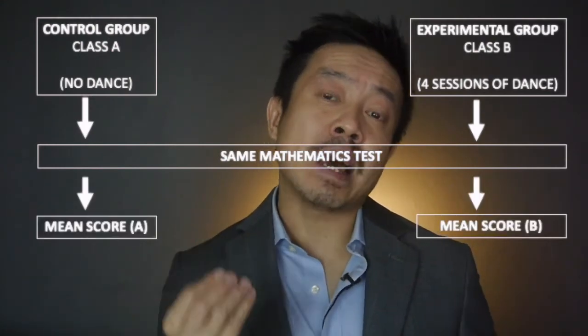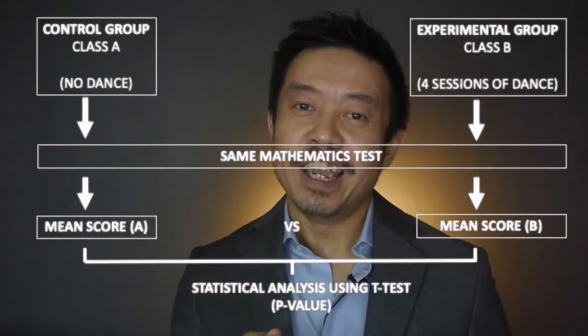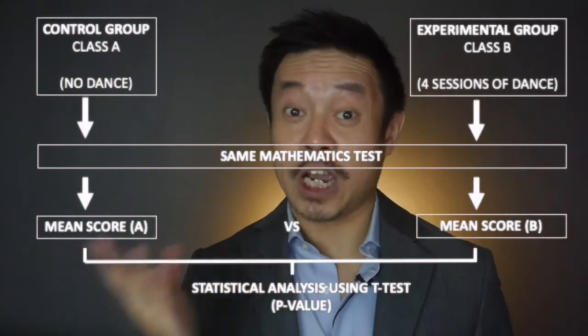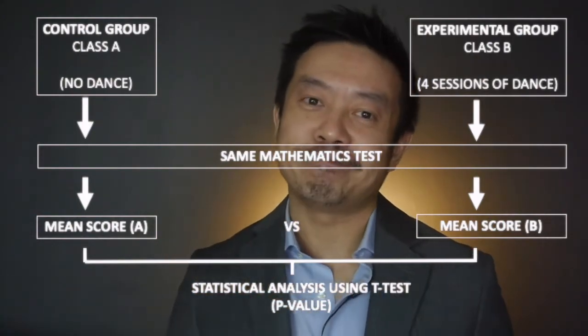Now, with those results, we are able to statistically find if the difference in mean scores was due to chance or due to the dance intervention. Now, in this statistical method, we use the t-test.